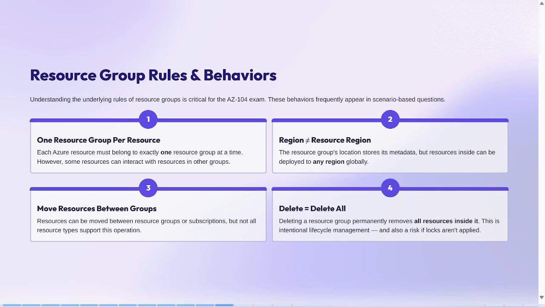It cannot belong to multiple resource groups, and the same goes for a storage account or a virtual network. A single resource cannot belong to multiple resource groups at the same time. However, resources in different resource groups can still communicate with each other, but they cannot belong to multiple resource groups.